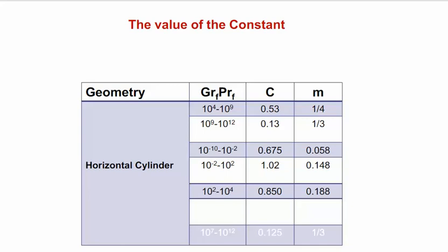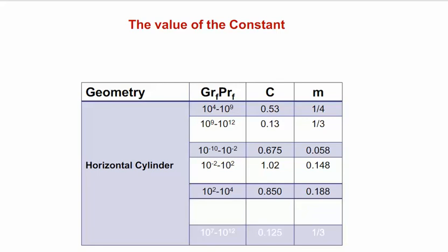Here we have some values for the constants by which we are able to calculate the Grashof number, Prandtl number and other components. For the horizontal cylinder, the range of Gr Pr is 10 raised to power 4 to 9, where C is 0.53 and m is 1 by 4.